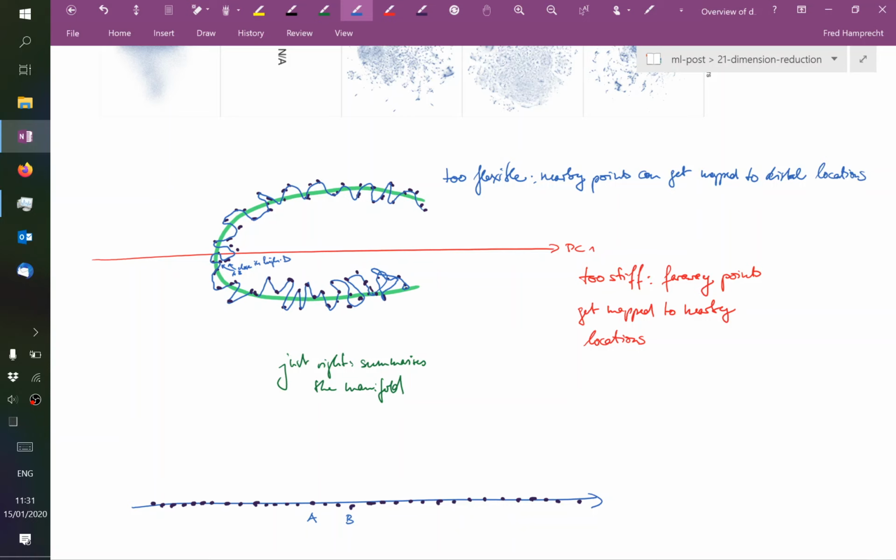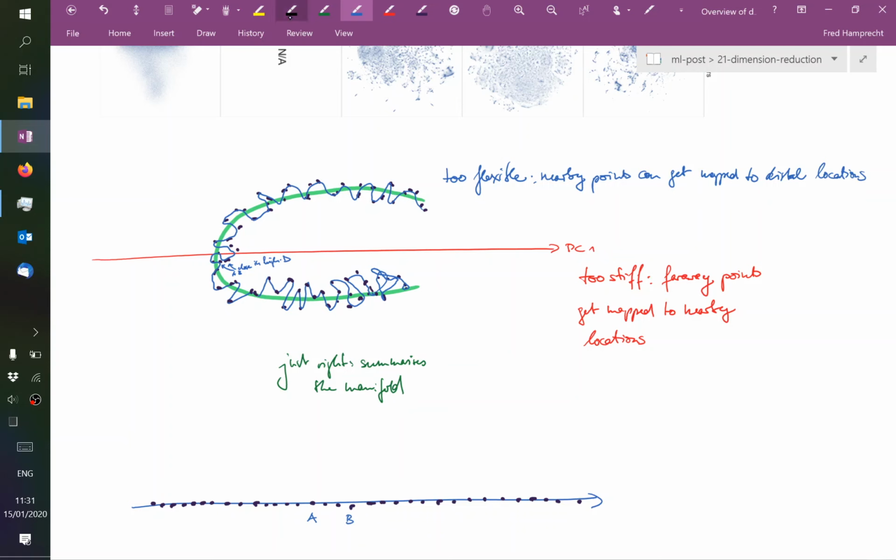So to my mind here, this green curve summarizing the manifold is perfect, because the deviations from this green curve look just like noise. It doesn't look like there's meaningful structure. So this is information which I am happy to ignore.